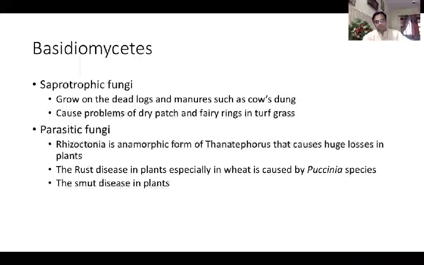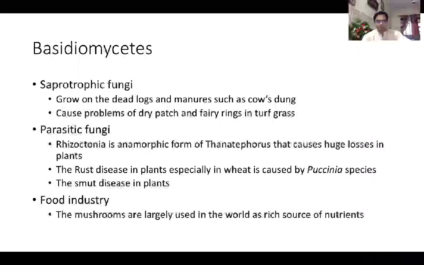Smut disease is caused in plants. They are important in cereals. They belong to Basidiomycetes. Then Basidiomycetes are important. You cannot forget the role of mushrooms in the food industry. They are a rich source of proteins.